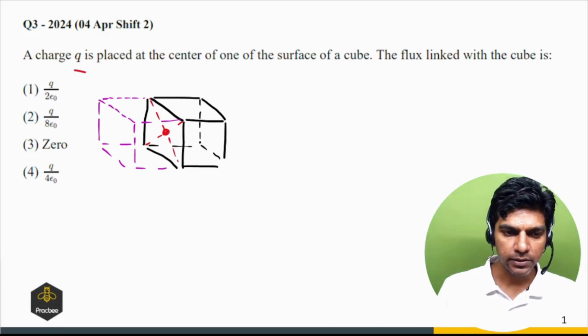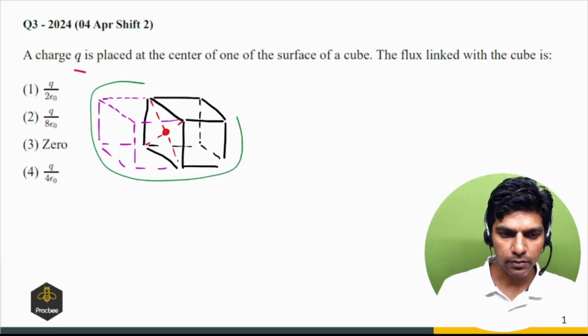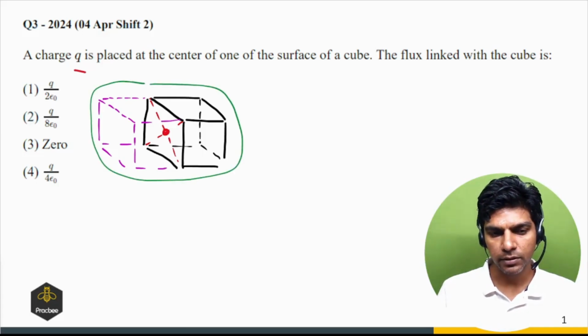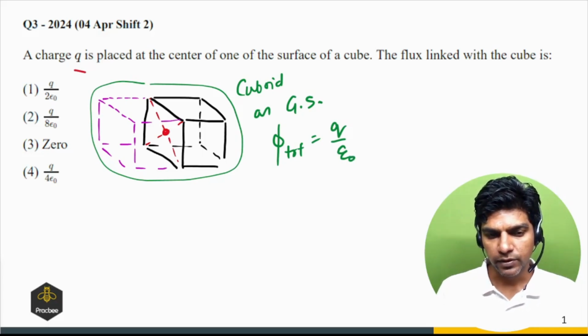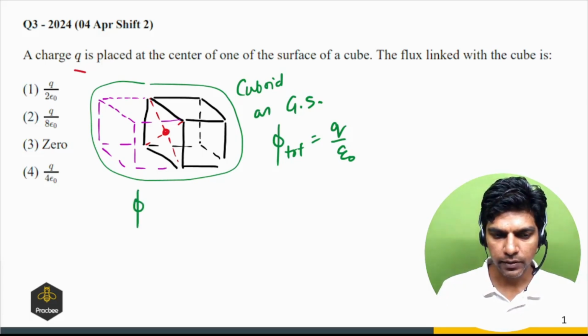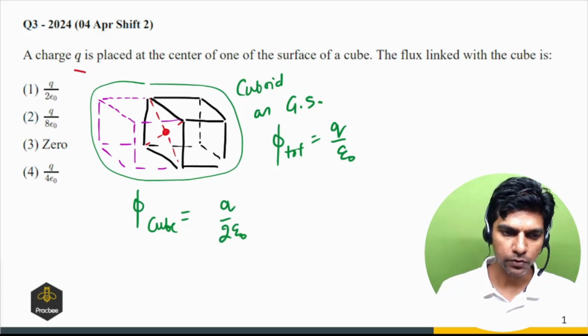And if we consider this entire region, this cuboid, as a Gaussian surface, then the total flux will be q by epsilon naught. So if the flux is linked equally on these two cubes, the flux linked with the cube will be q by 2 epsilon naught. So option 1 is the right answer.